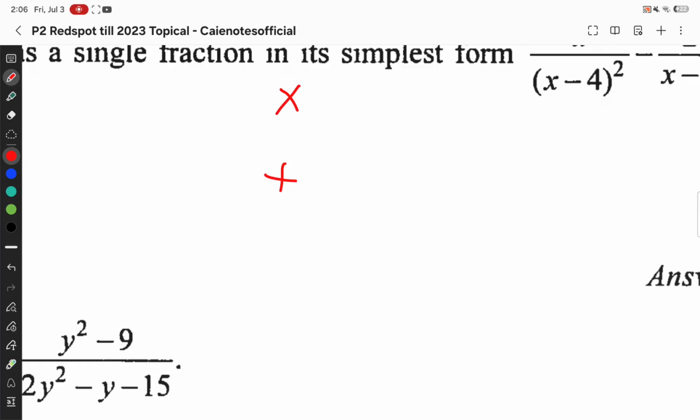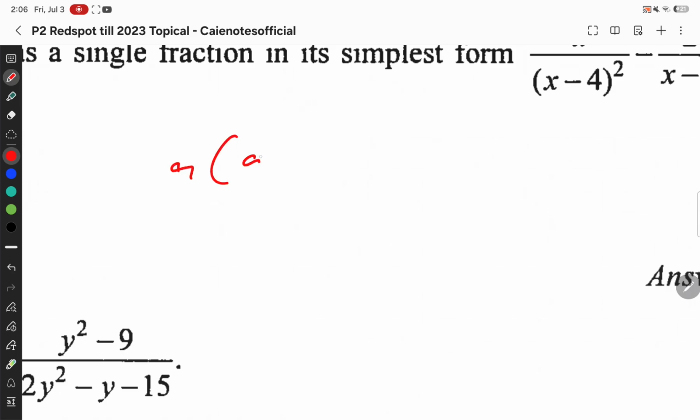So that's why we treat them as separate levels. Division and multiplication are on a first level. Addition and subtraction are on a different level.